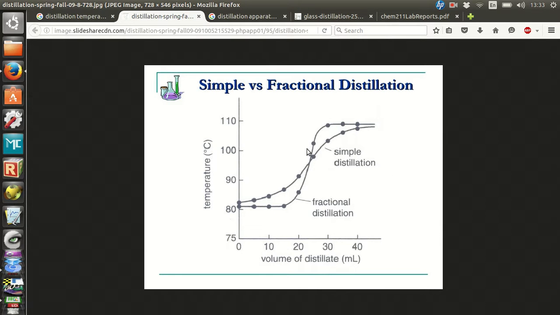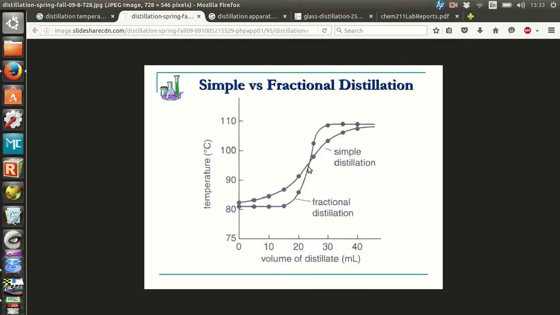See this? Look at this beautiful graph. Look how the simple distillation curve is kind of amorphous, whereas the fractional distillation curve is much more well-defined. This is where we got rid of the hexane, and this is where we got rid of the toluene. So, does your graph look like this? This is the expected result.